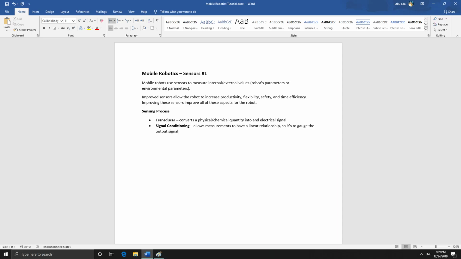because if we didn't do this, the sensor would require every possible value. So we need the signal conditioning for the output signal to be gauged without every possible value of input.